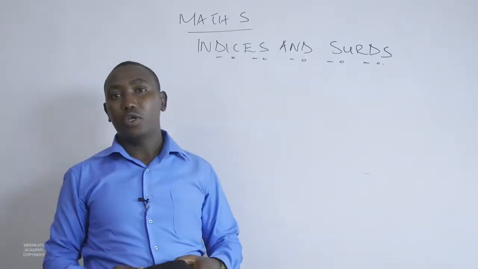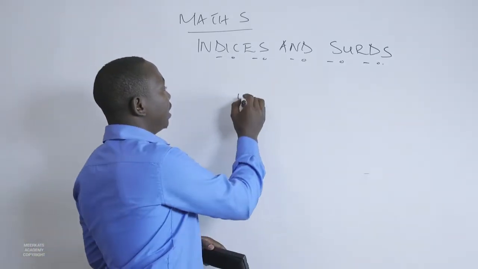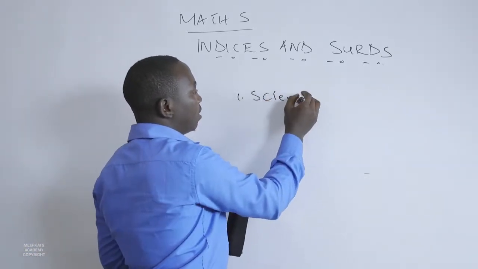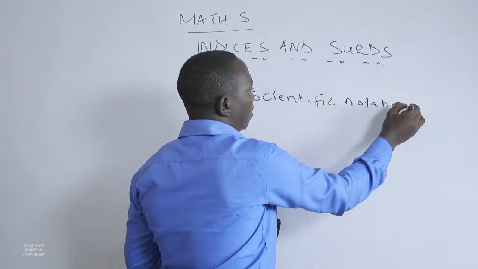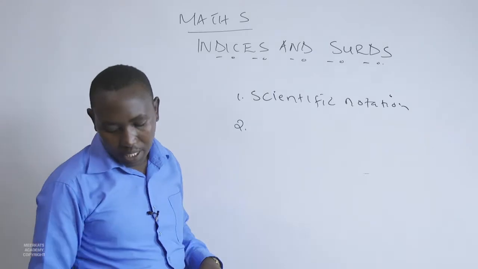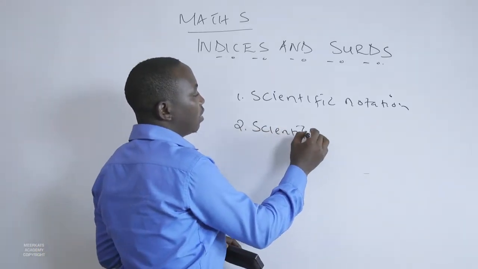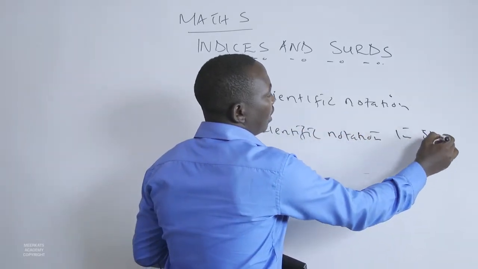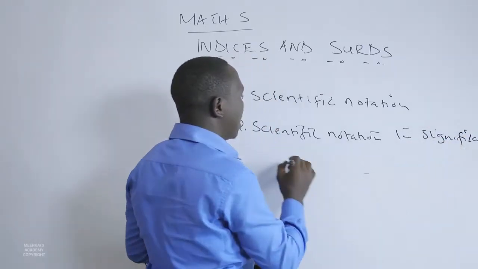So during this lesson, we are going to cover two subtopics in this topic. The first one, we are going to cover on scientific notation. Then we cover the second, which will be on scientific notation still, but written in significant figures.